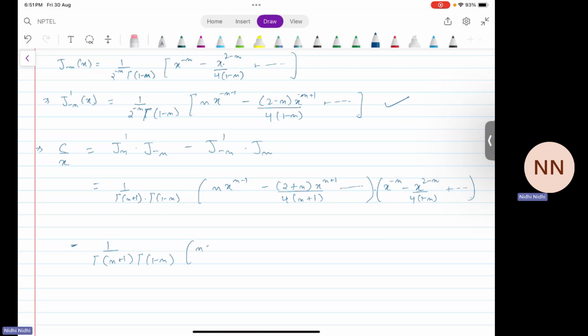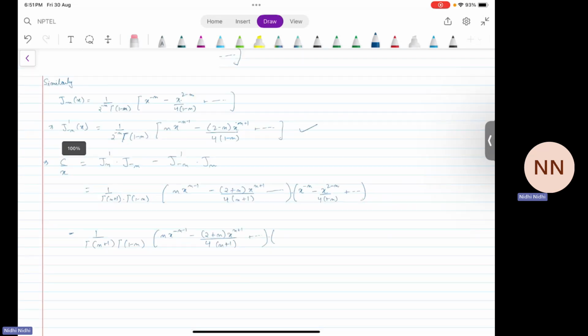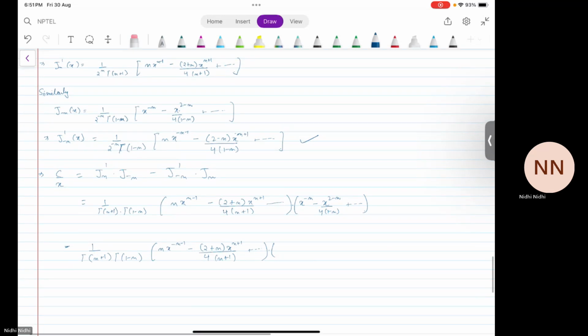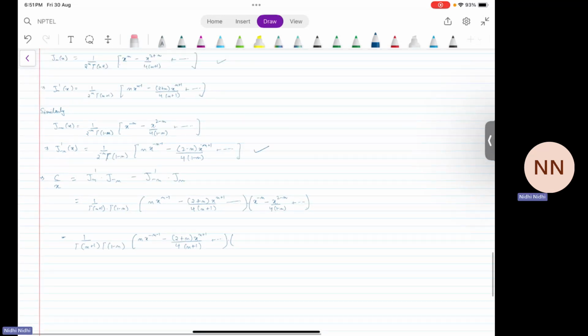Next we'll have n x to the power minus n minus 1 minus 2 plus n x to the power n plus 1 by 4 times n plus 1, and so on. The second term would be J_n: x to the power n minus x to the power 2 plus n by 4 times n plus 1, and so on.